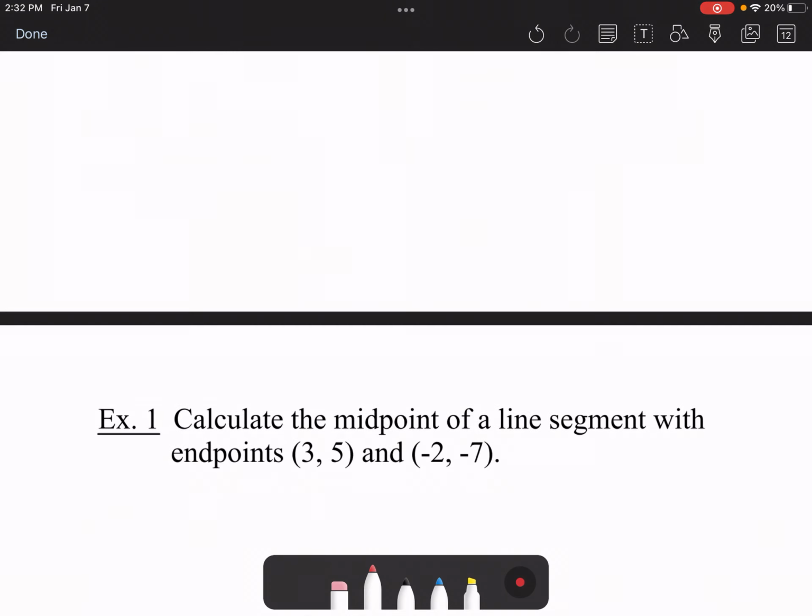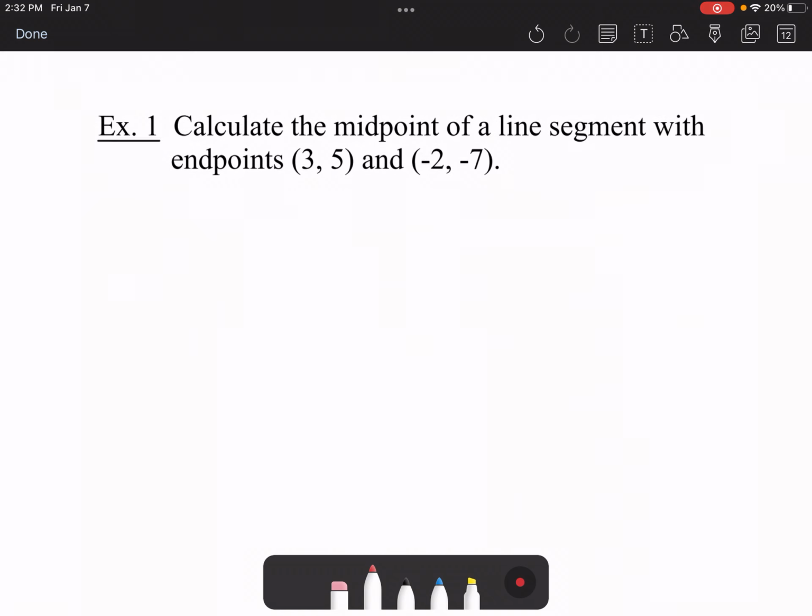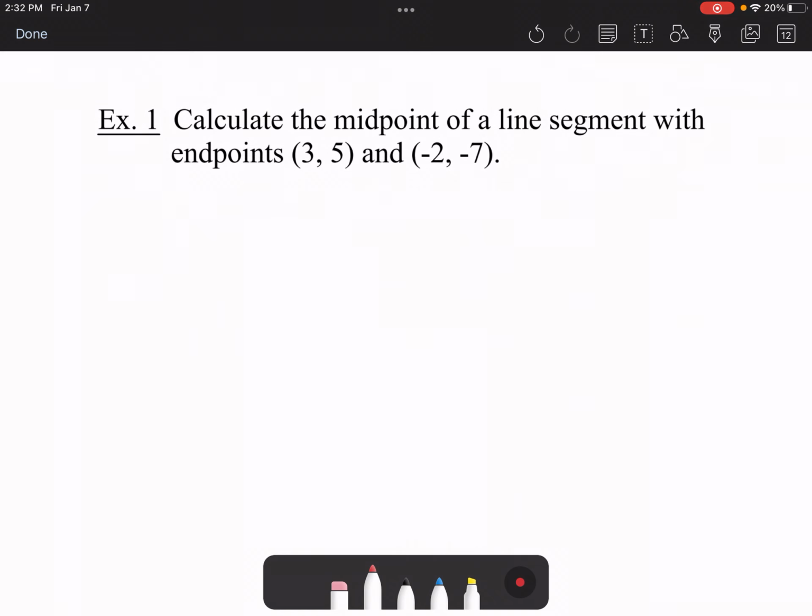Okay, so let's use this in this problem. We're going to calculate the midpoint of this line segment with the endpoints 3, 5 and negative 2, 7. I'm going to assign one of these points x1, y1, and the other point x2, y2, and rewrite that general formula.